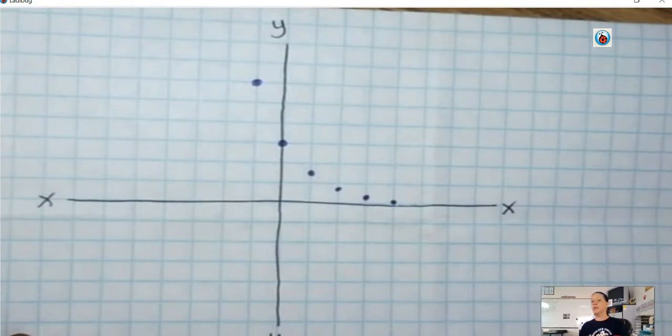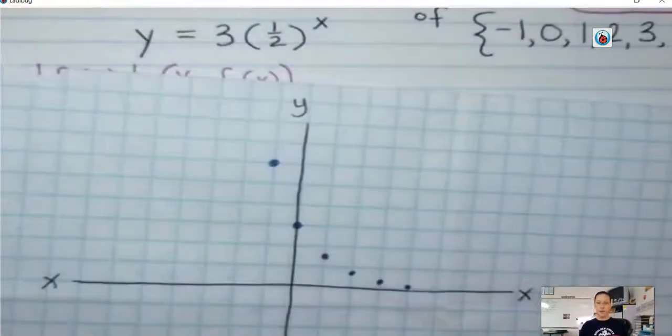If you ever notice you're not getting that curve, it's probably one of your dots is wrong. Do not connect the dots. This is a discrete graph. It only wanted these exact points. And then when you're done, cut that out, glue that into your notes. That's the whole thing you got to do for that question. Is just I want to see those points.